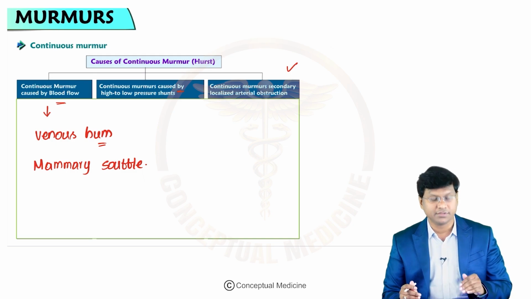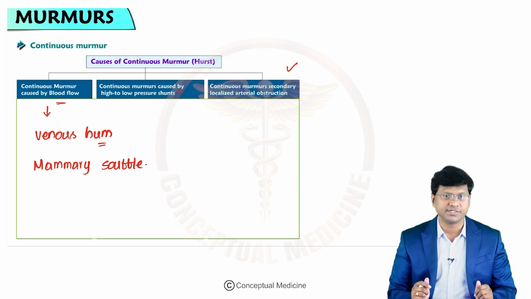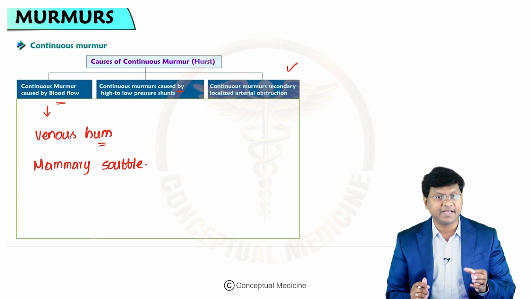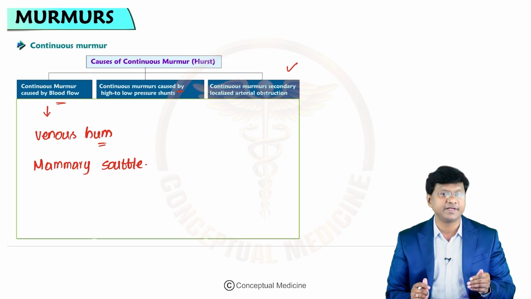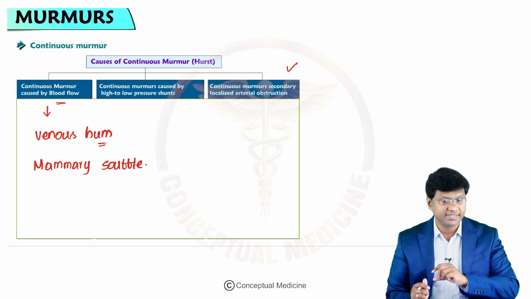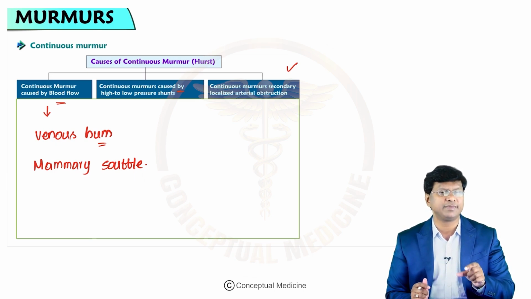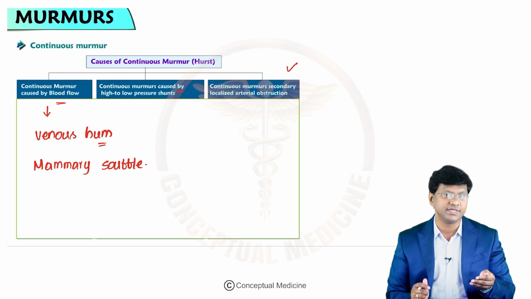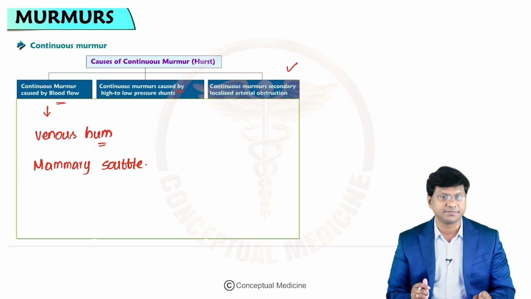What do you understand by this word mammary souffle? It occurs in pregnancy. During pregnancy or lactation, the mammary gland requires increased flow of blood. So there will be a continuous flow of blood across the mammary vessels with greater intensity, and thereby the individual will have a continuous murmur.